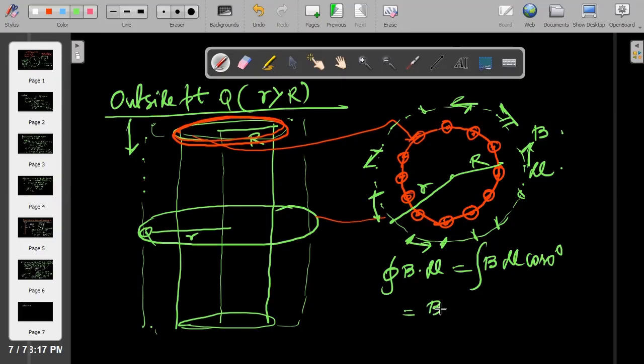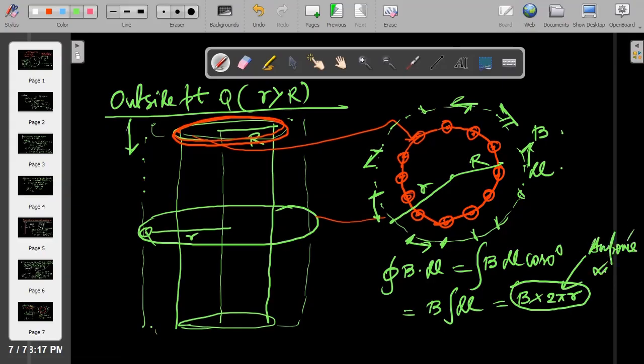So it will be B times the integration of dl, which is B into 2 pi r for the Ampere's loop, same as what we did for the Gauss application. For the Gaussian surface, E dot dA was the same. Here also, for B dot dl, it will be the same for the Ampere's loop. I think all of you are relating this. So this will be nothing but mu naught into I inside.